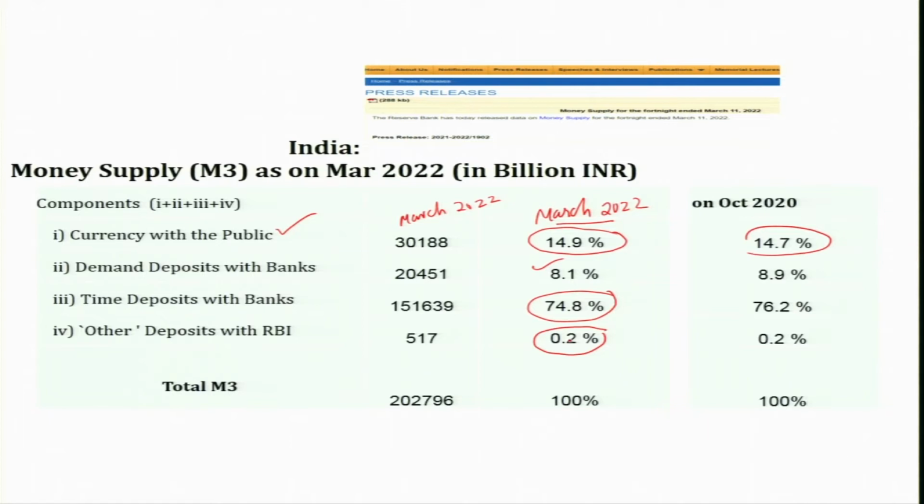It is mainly held by the Prime Minister, ex-Prime Ministers, governors, etc., and also the government with the central bank. This is called other deposits with the RBI. So, you can see from here itself that currency constitutes only 15% of the total money supply. All the remaining part is mainly deposits, that is demand deposits, time deposits and other deposits with the RBI.